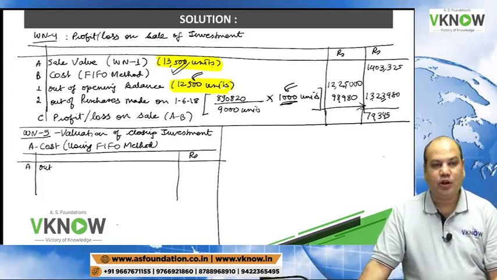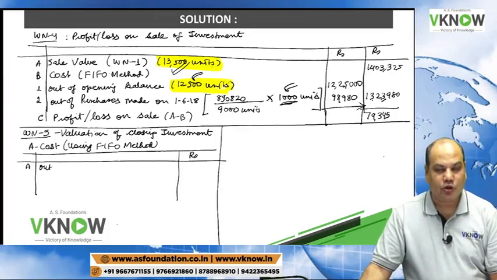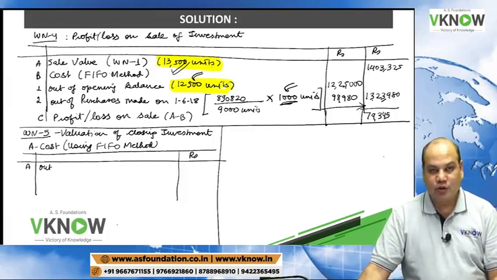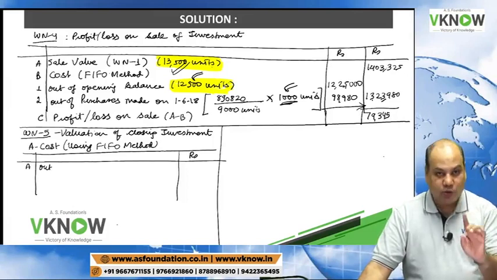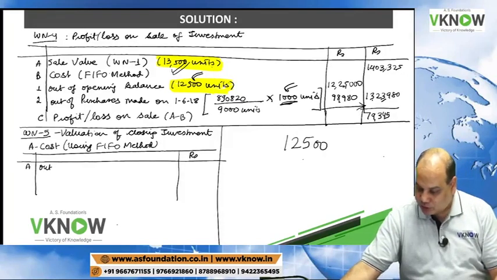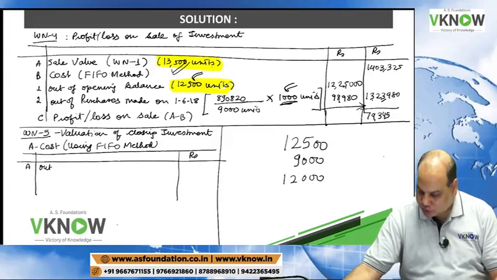How do you calculate the closing stock using FIFO method? Understand one more time. We had in the beginning 12,500 units. Then we purchased 9,000 units. We purchased 12,000 units and we sold 13,500 units.